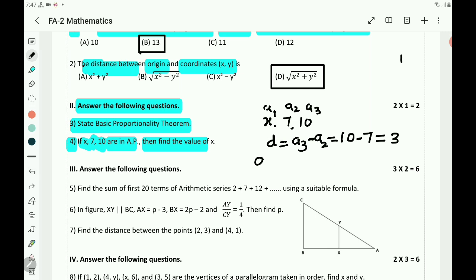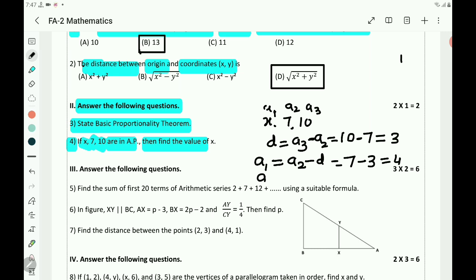Then a1 is to be found out. a1 equals what? a2 minus d. Here to find the previous term, we have to subtract d from the given term. a2 minus d, a2 is 7, 7 minus 3 equals 4.